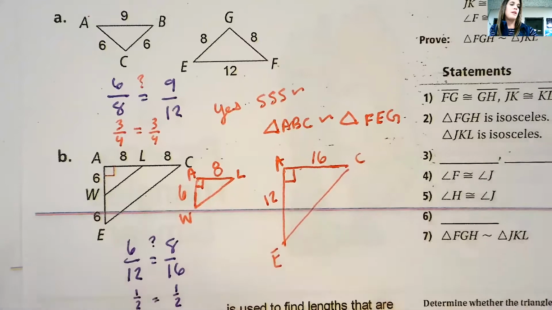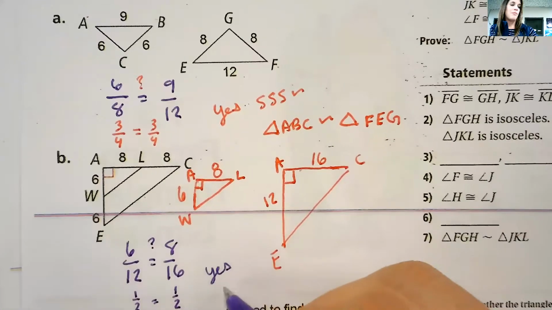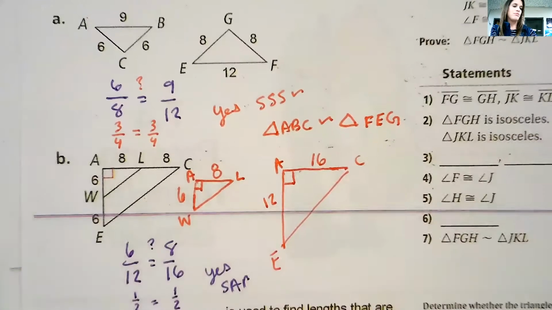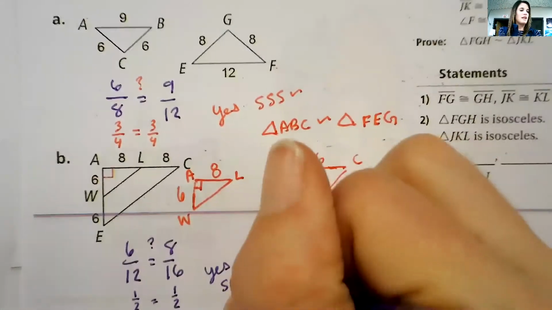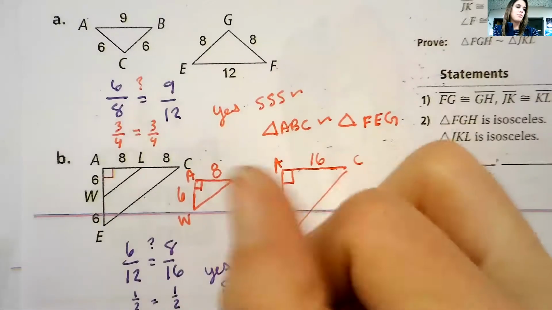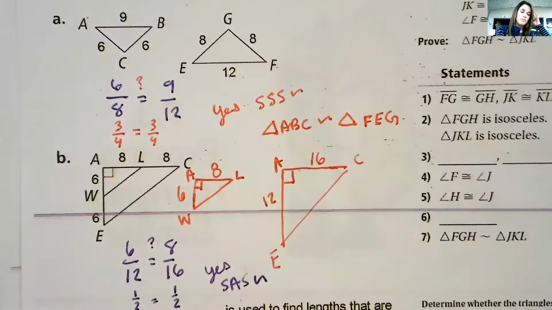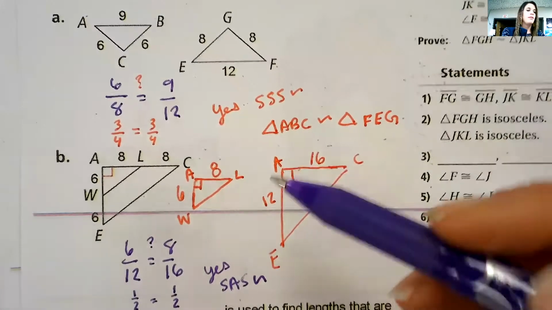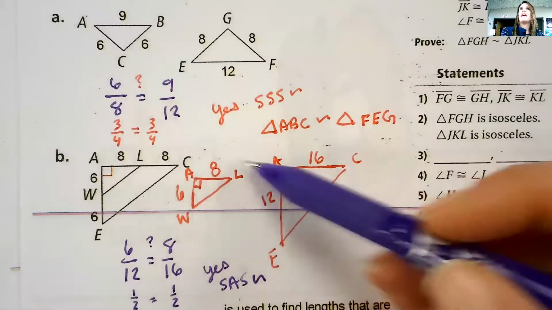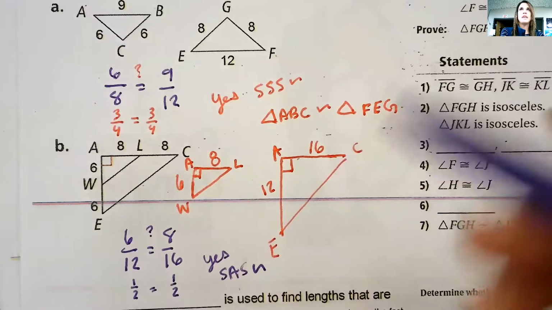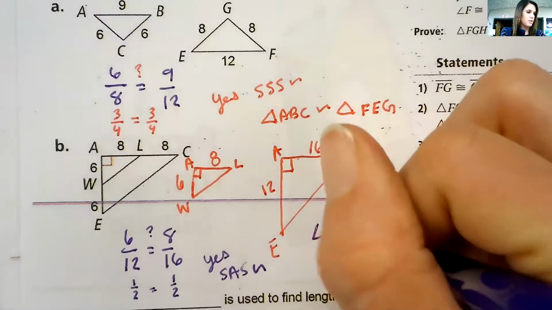So that would be, yes, again, by side angle side similarity. Naming those triangles isn't so bad. ALW, ACE, if you just stay in the same order.